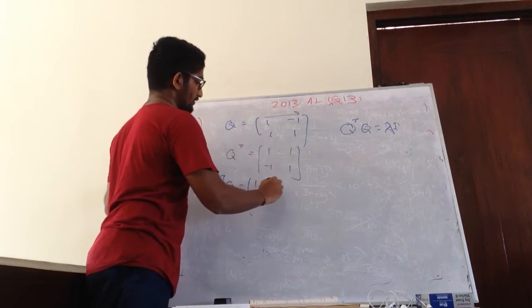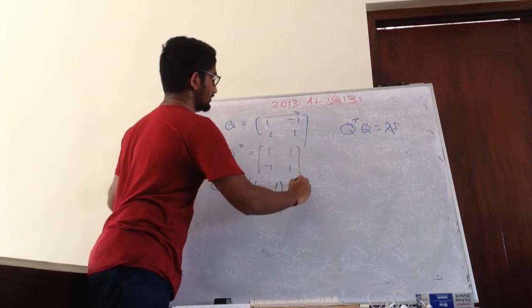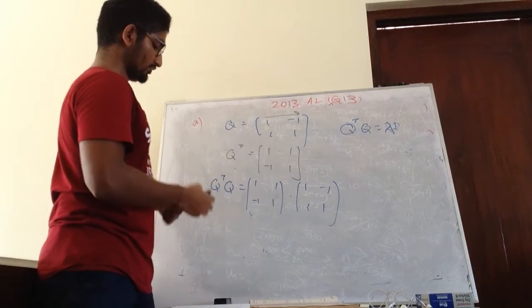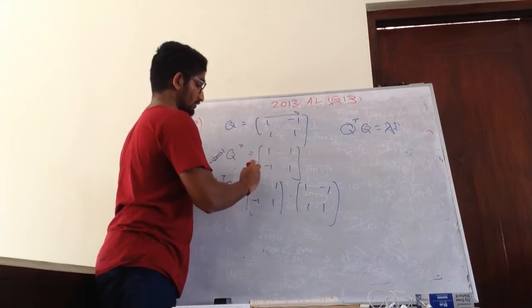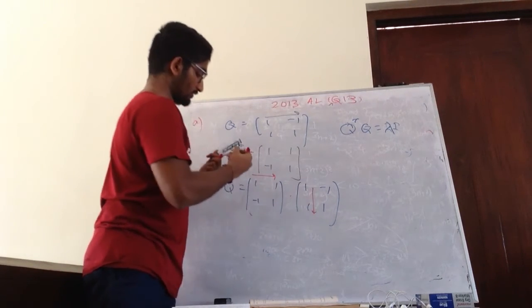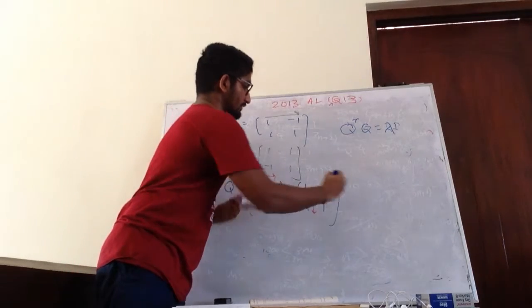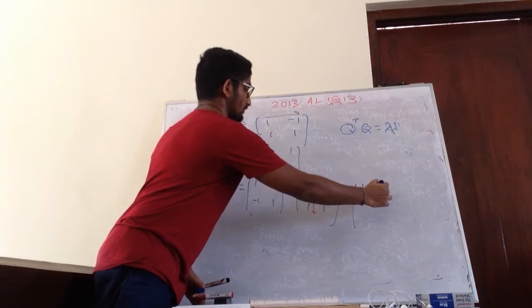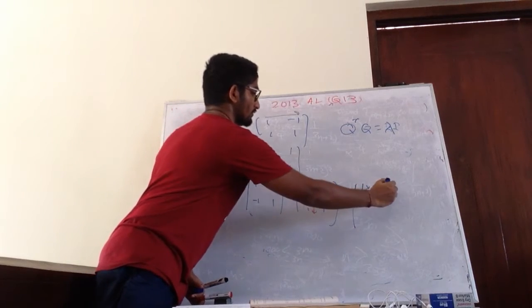that is basically [1, 1; -1, 1] times [1, -1; 1, 1]. What we do here is this plus this, that is 1 into 1 plus 1 into 1.